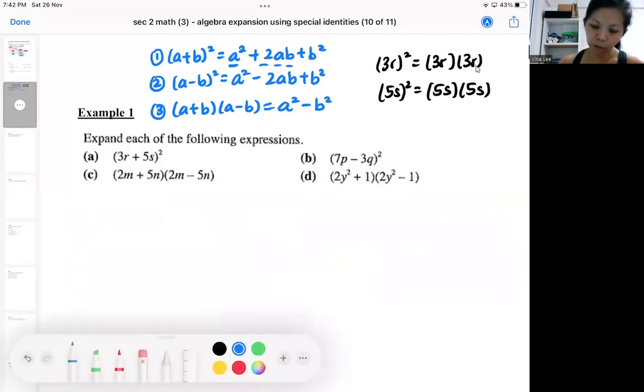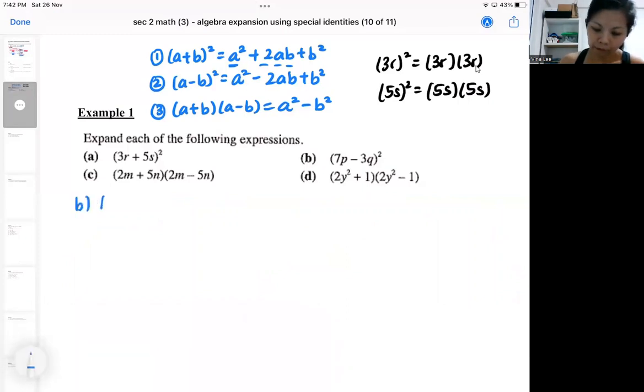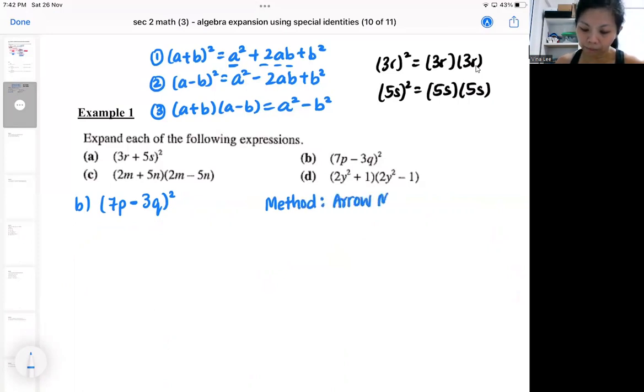If I go to part B, there is a subtraction in the bracket. So I should be using the second formula. So let's try the arrow method.